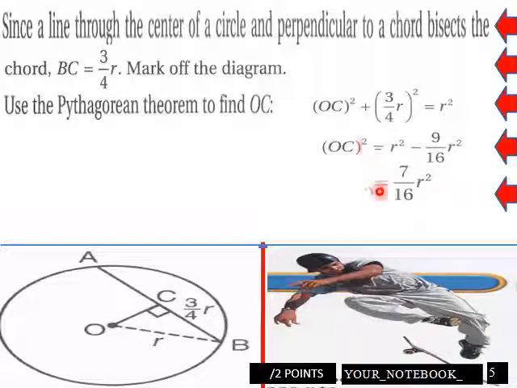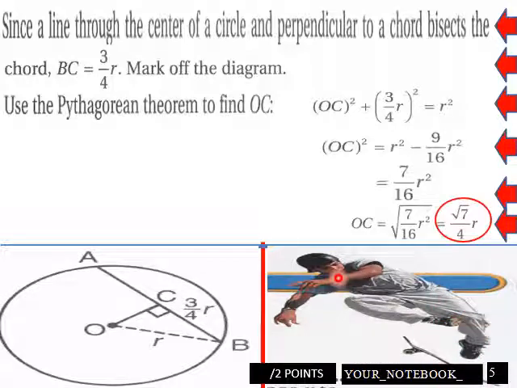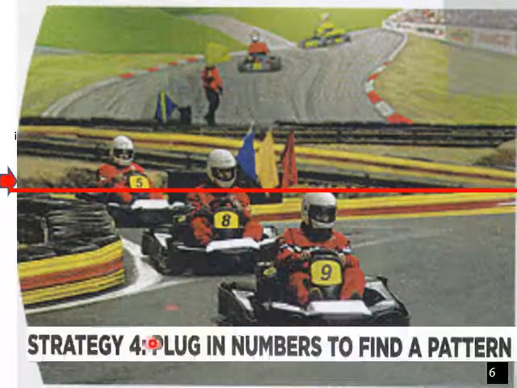OC squared equals 7/16 r squared. So OC equals the square root of 7/16 r squared, which equals the square root of 7 over 4 times r.